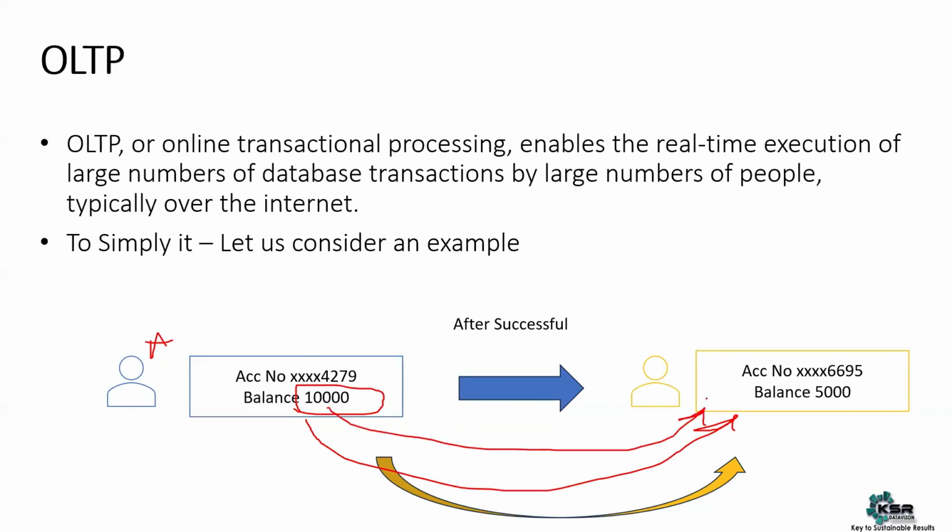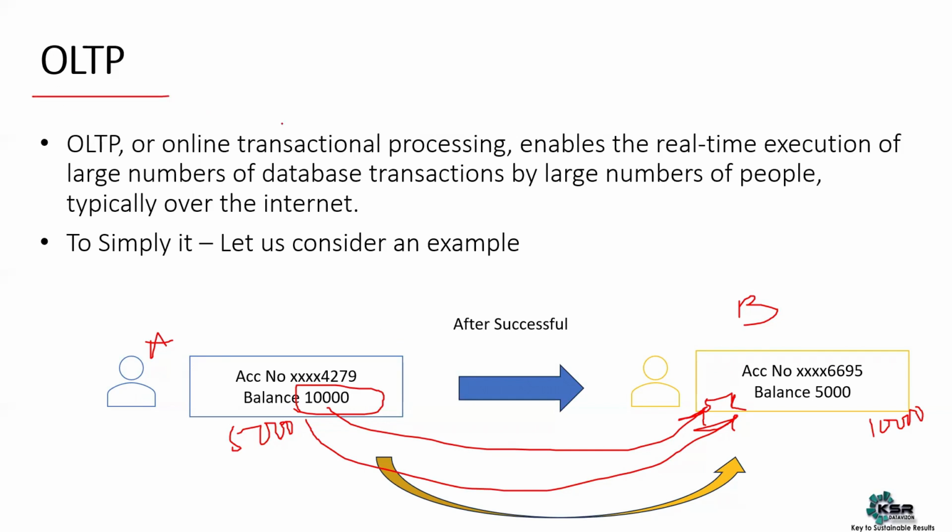He has transferred around 5K, so 5K should be available in person B, which is 5 plus 5, 10,000 here, and this person's balance should be updated as 5,000. If that update is not done at that specific time, there is a lag in that system, and you shouldn't have that lag.